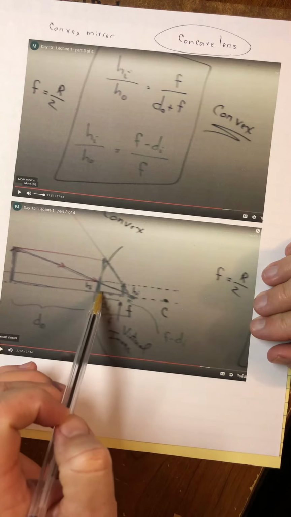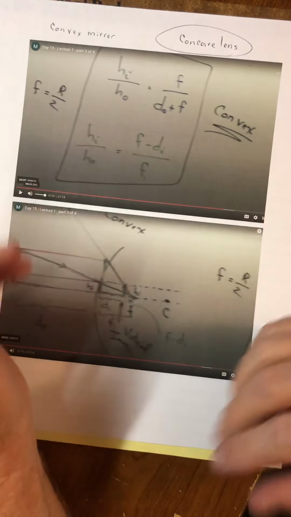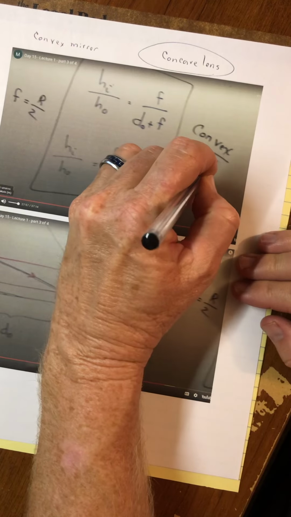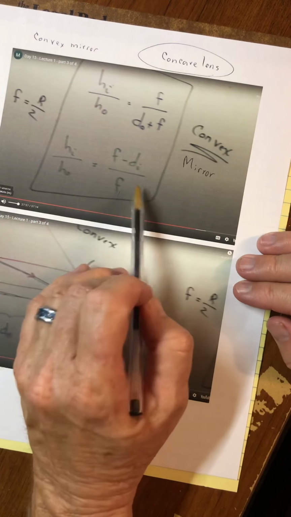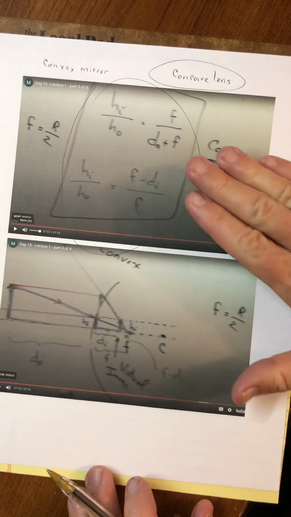I didn't do a screenshot of it, but I did not bother to write out the equation. We were out of time, and I just said, hey, go back and look at the convex, and I should add here mirror. And these would be the set of equations. So let me encourage you to have these ready for the exam.